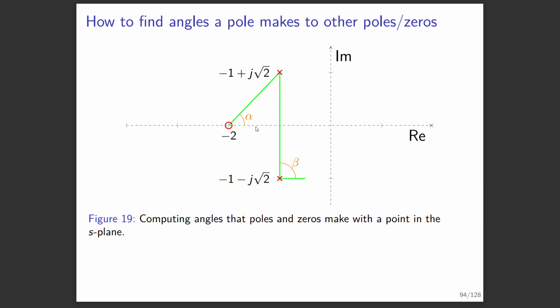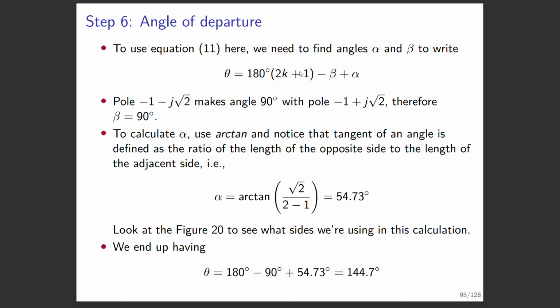What's this edge? -2 and -1. So the length of this edge of this triangle is 1. So I divide square root of 2 by 1. And that would be the tangent of this angle. So to find the angle, I take inverse of tangent or arctangent. So I take arctangent of square root of 2 divided by 2 minus 1, which is 54 degrees.